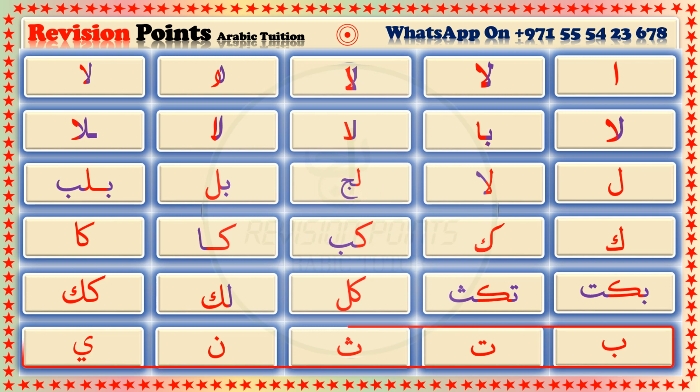In the next page, we will exercise for Ba, Ta, Sa, Noon and Ya, and only we will recognize the letters with the dots.